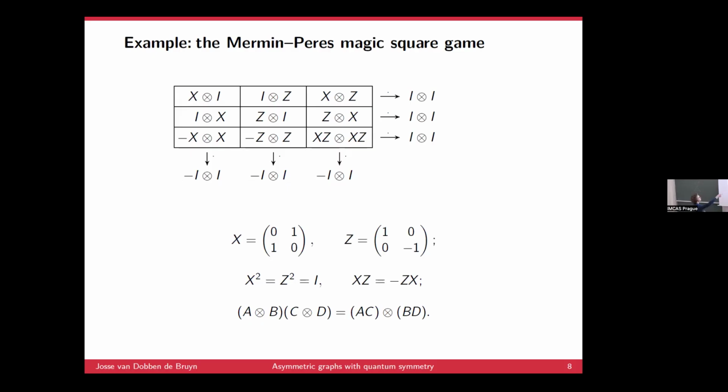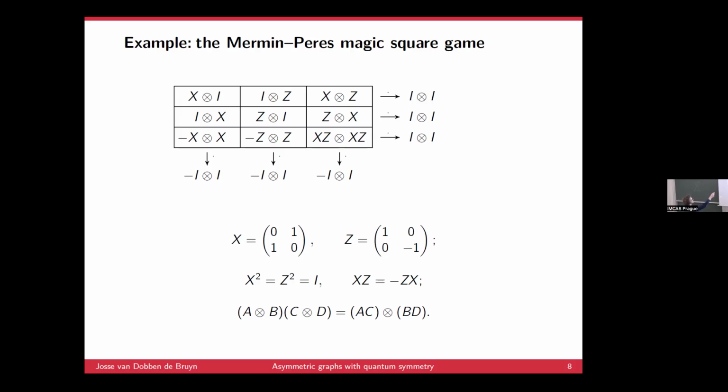If you take a 2x2 square in the upper left corner, you have X tensor I, tensor Z, I tensor X, Z tensor I. It's obvious that these operators commute pairwise, and you complete the first 2 rows and the first 2 columns. You complete them by putting the product or the inverse of the product, as everything is order 2.